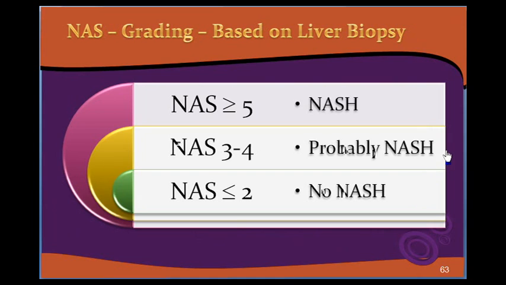If the score is 3 or 4, it is probably NASH. If the score is 5 or more, then the presence of NASH is confirmed. So, this is how the NASH score is useful in grading the patient whether he has NASH or probable NASH or no NASH at all.